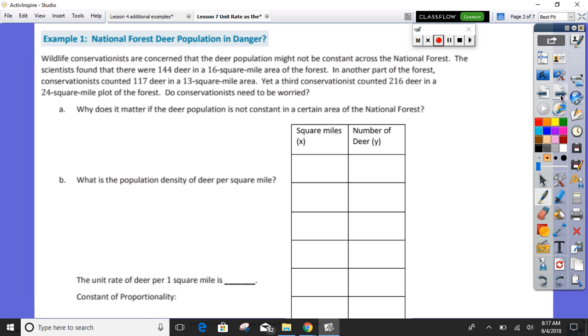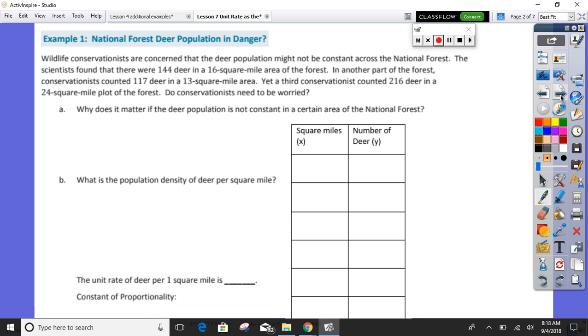Okay, so to start with, we have a hypothetical question here. Let's read this example together. Example 1, National Forest deer population in danger. Wildlife conservationists are concerned that the deer population might not be constant across the national forest. Scientists found that there were 144 deer in a 16 square mile area of the forest.